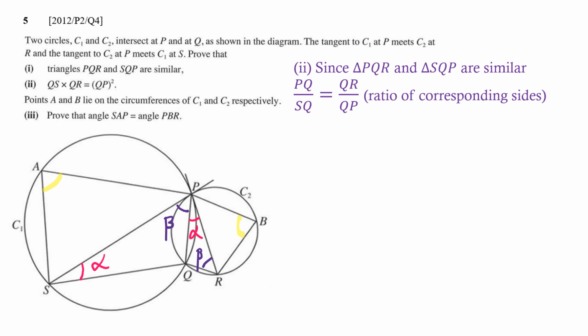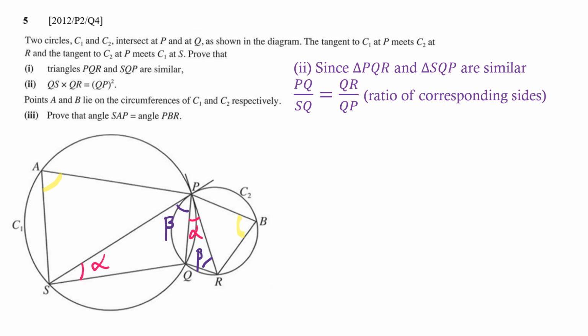For part 2, since we've proved that PQR and SQP are similar, we can use the ratio of corresponding sides. This is quite easy. If you arrange PQR and SQP such that P corresponds to S, Q corresponds to Q, and R corresponds to P, then comparing the ratio of corresponding sides is very easy.